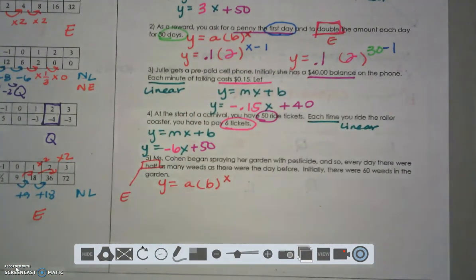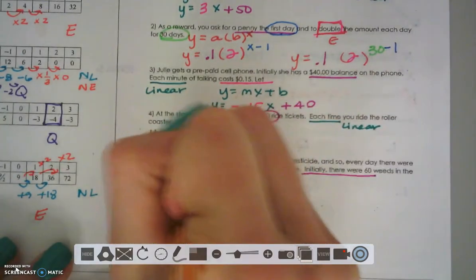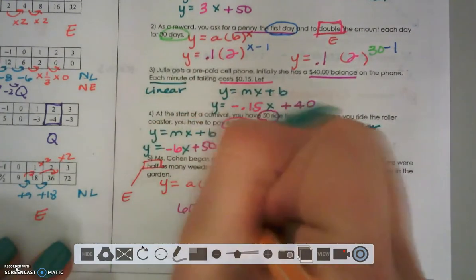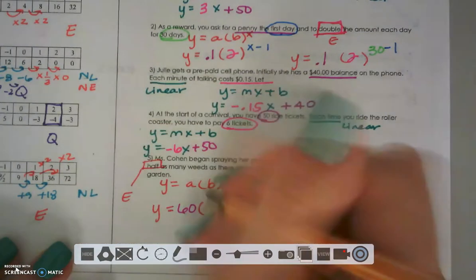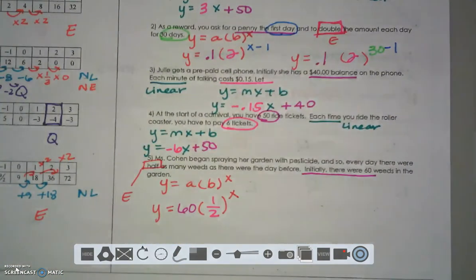What's my initial amount? How many weeds did I start off with? 60. How are these weeds changing over time? They're getting cut in half. And I don't know my time, so I'm just going to leave that as a variable x.